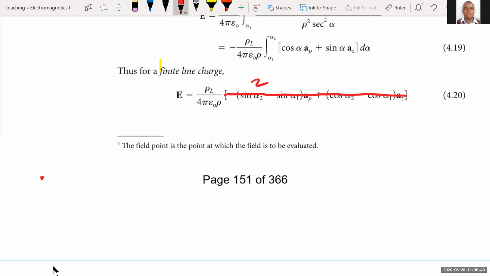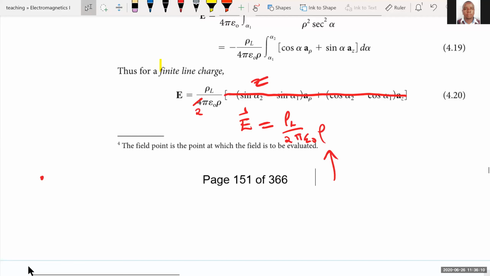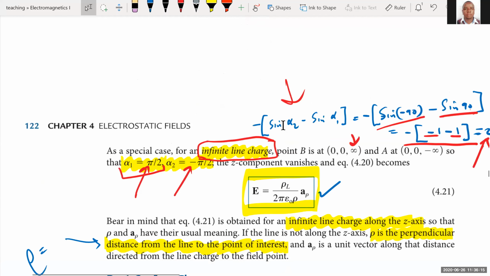So these 2s cancel, and we end up with the electric field intensity due to an infinite line given by the line charge density divided by 2 pi epsilon rho, where rho is the perpendicular distance between the line and the point of observation.